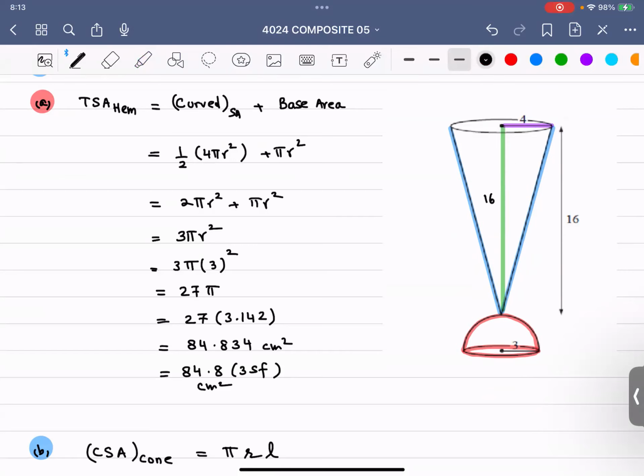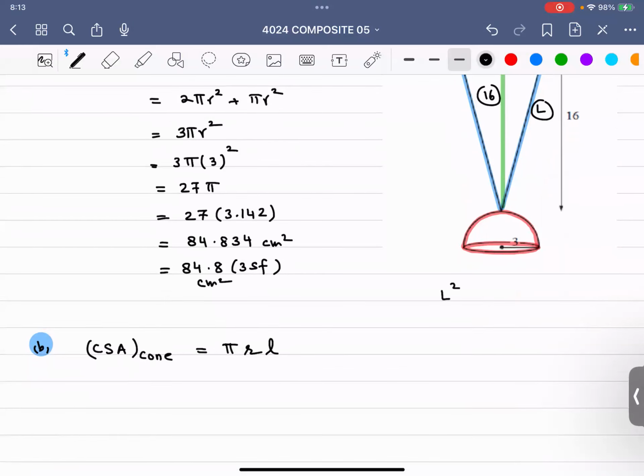And the slant height, that is the orange one. That is actually the blue one. So the slant height is L. So this is 90 degrees over here. This is 4, this is 16, this is L. So use Pythagoras theorem. L square is 4 square plus 16 square. I'll put the square root later. This is 16, this is 256.